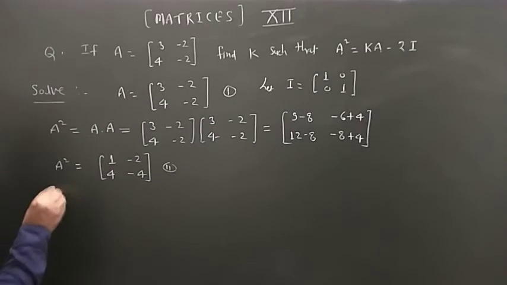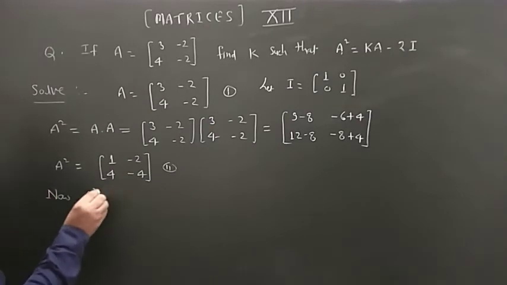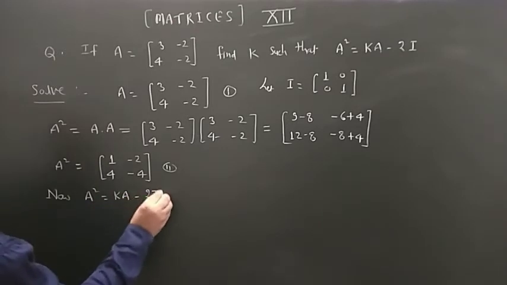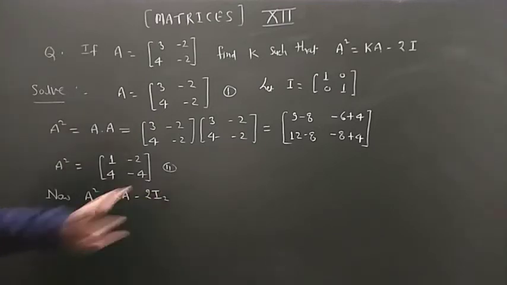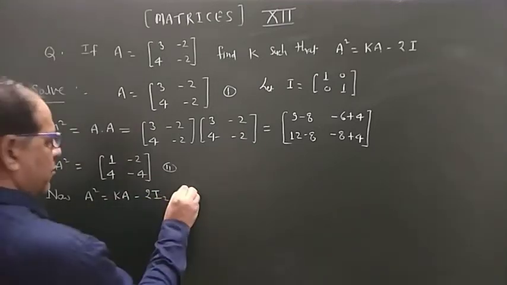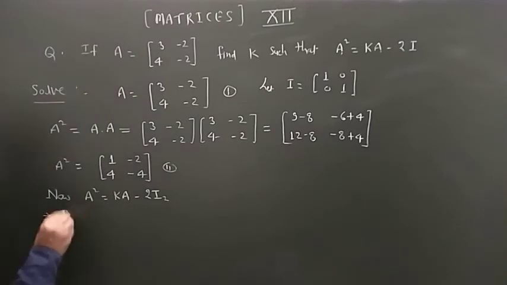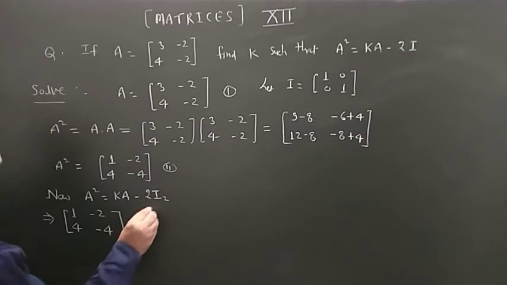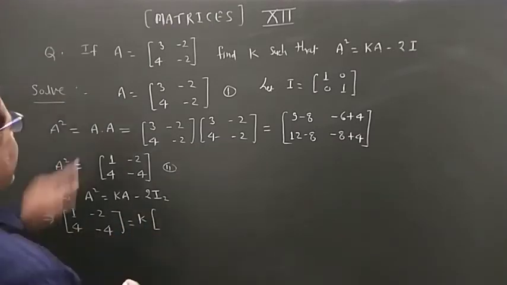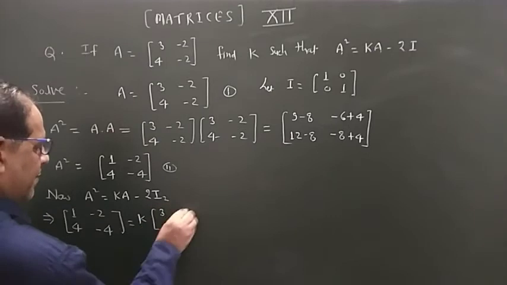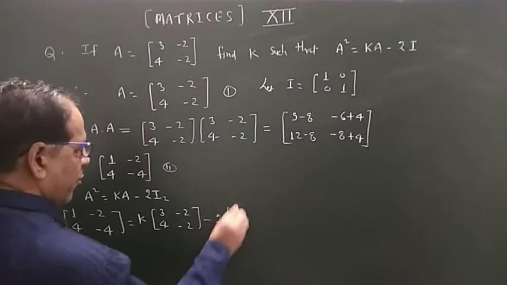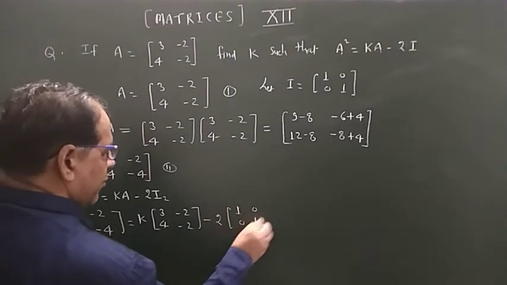Now A square equals kA minus 2 I2, that means the identity matrix of order 2. So now put the values. A square means 1 minus 2, 4 minus 1 is equal to k multiplied with A. A means 3 minus 2, 4 minus 2, minus 2 times 1 0 0 1.